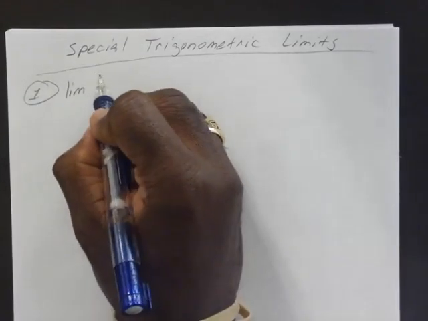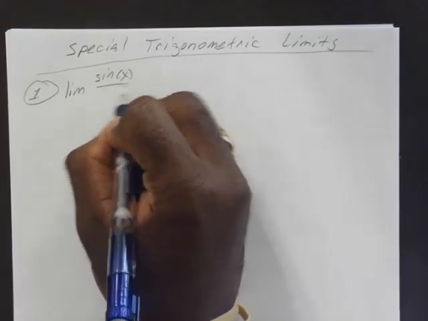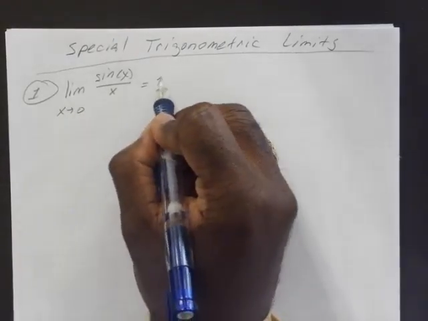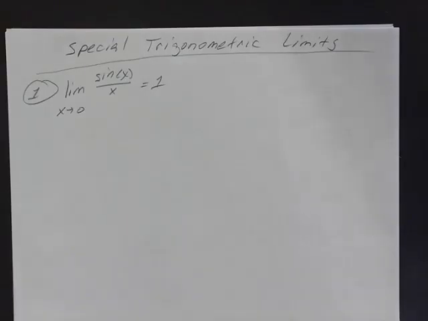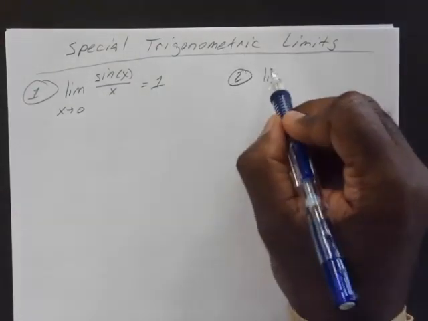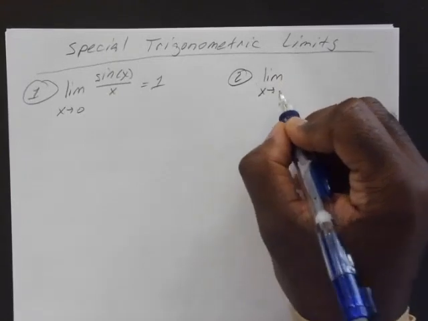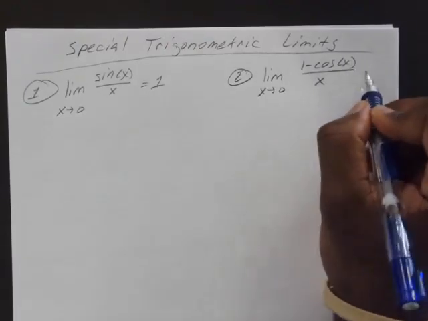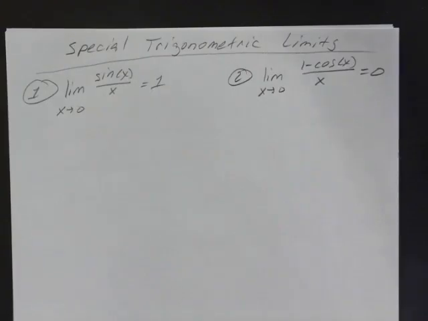Here, if you have the limit of sine of x over x, as x approaches 0, we know that's equal to 1. And we know that if you have the limit as x approaches 0 of 1 minus cosine of x divided by x, that's equal to 0. Now we're going to prove these later on, but for right now, we're going to be using them.